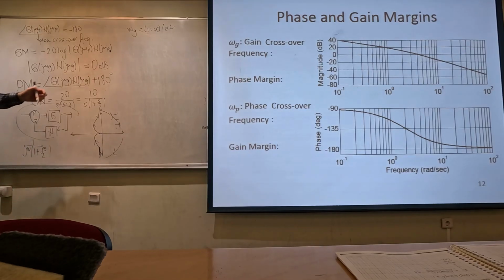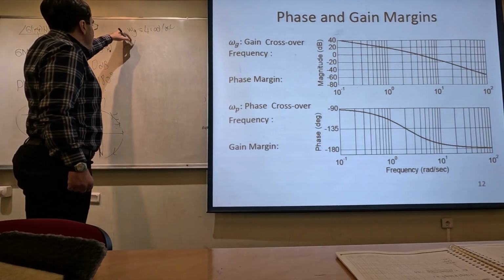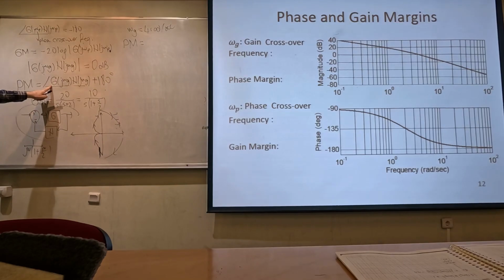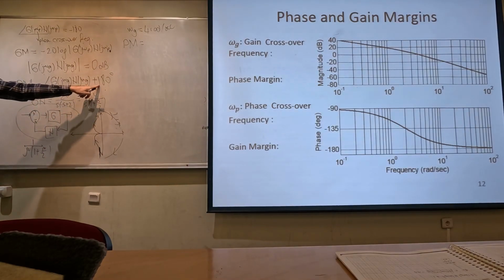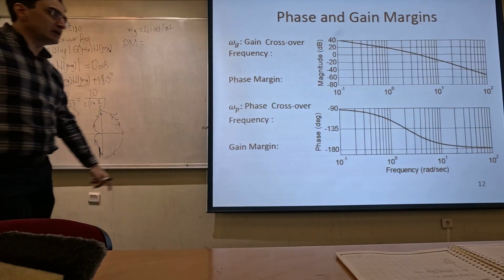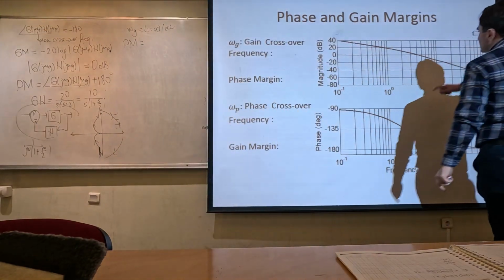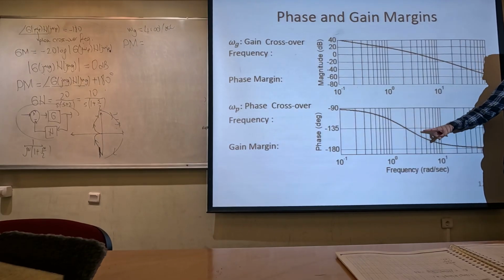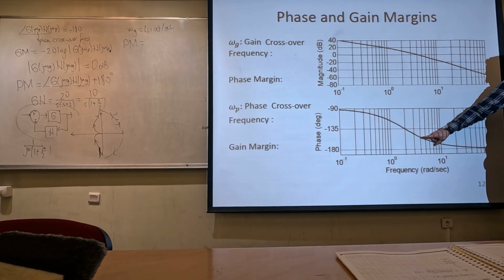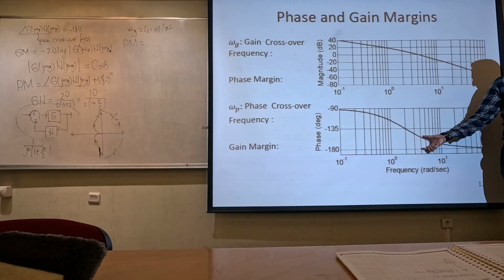And then I can look at the phase margin. Phase margin is the phase of the open loop system at the gain crossover frequency plus 180 degrees. Okay? So here, if I look at 2, 3, 4 here, it is this value. So I'm going to add 180 to that. Okay? So I'm looking for this distance.